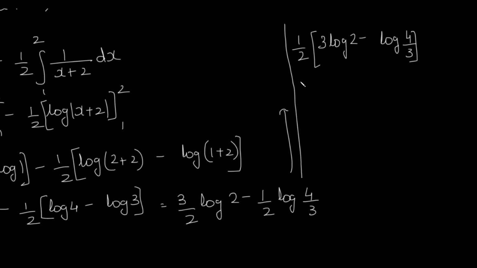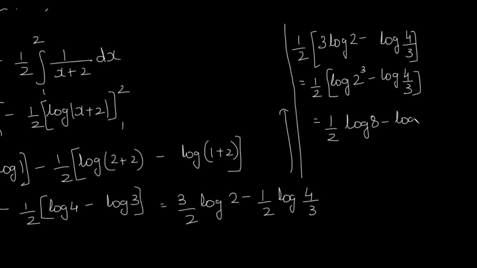Which comes out as 1 upon 2. Now 3 log 2 can be written as log 2 cube, as the 3 goes up as the power. So log 2 cube minus log of 4 upon 3, which can be written as 1 upon 2 log 8 minus log of 4 upon 3.